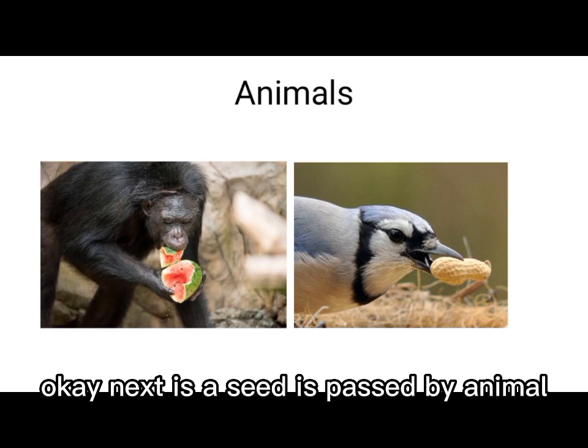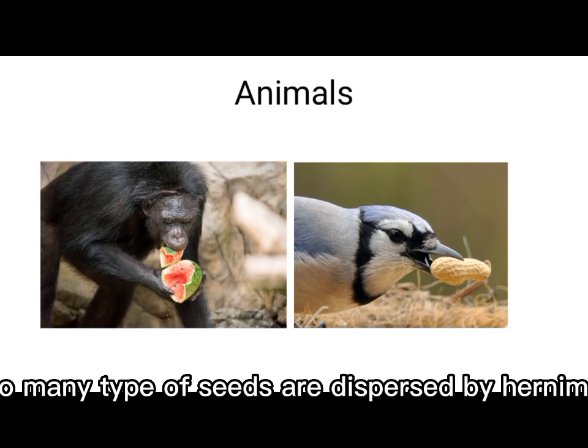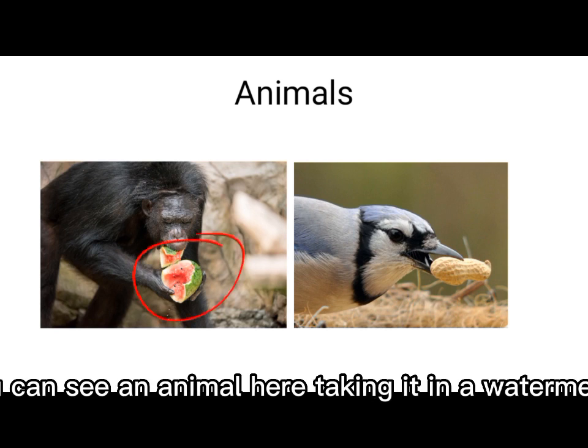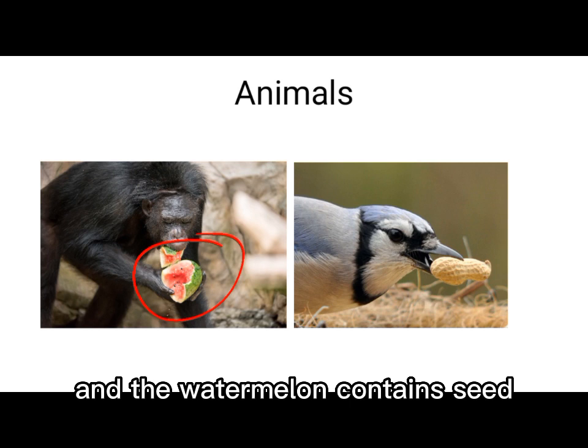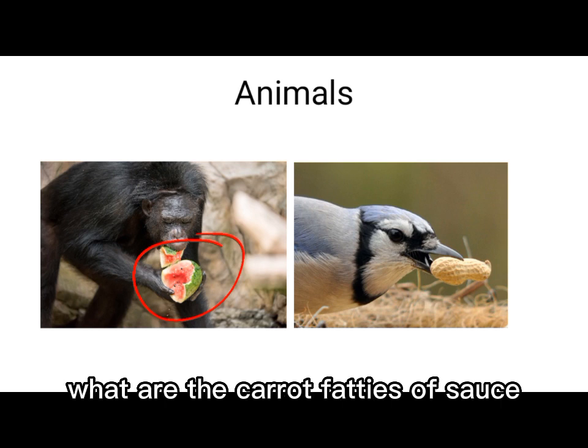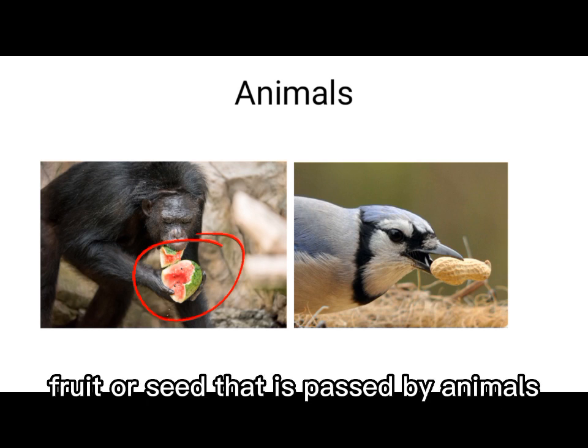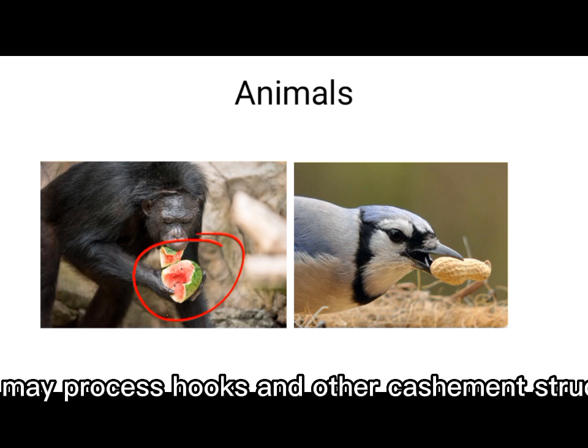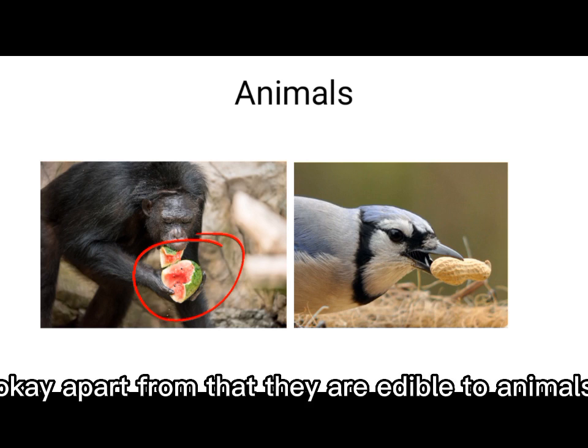Next is seed dispersed by animals. Many types of seeds are dispersed by animals. You can see an animal here eating a watermelon, and the watermelon contains seed. What are the characteristics of such fruit or seed that is passed by animals? They may possess hooks and other attachment structures. Apart from that, they are edible to animals.